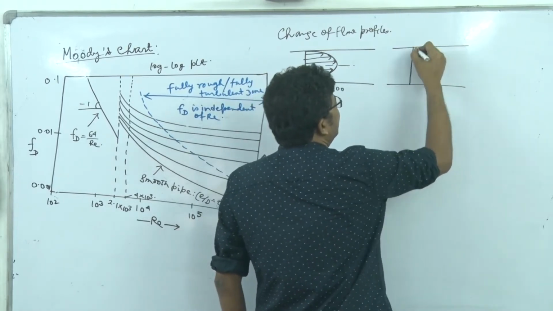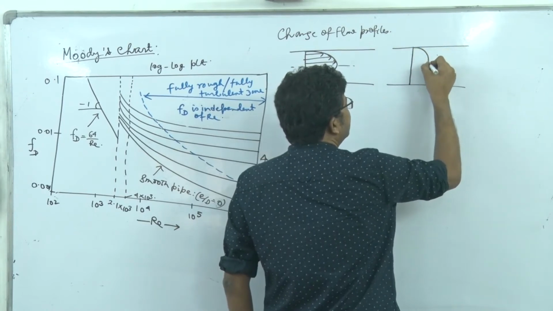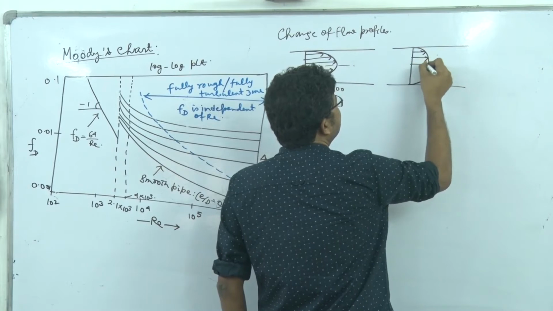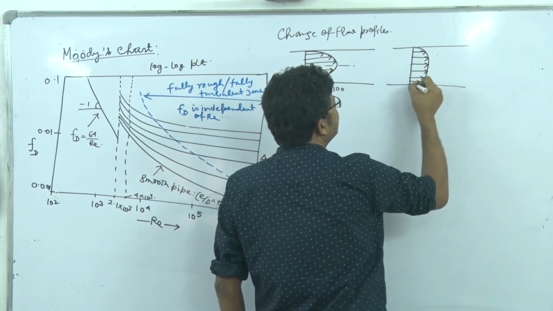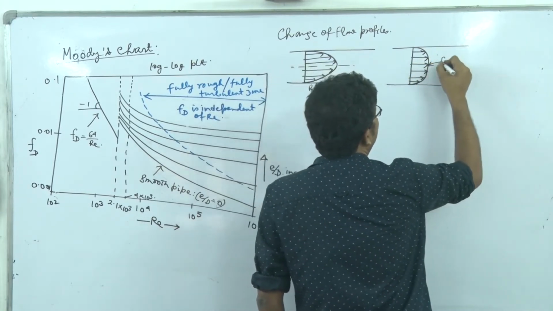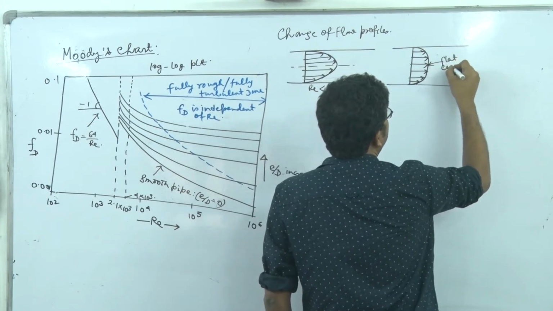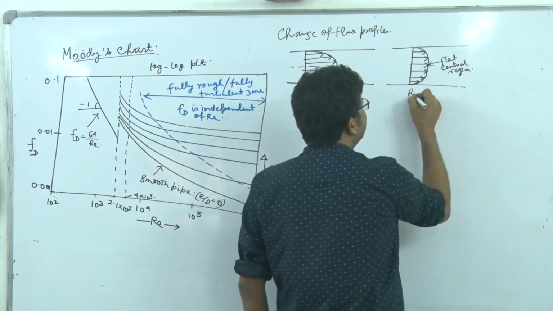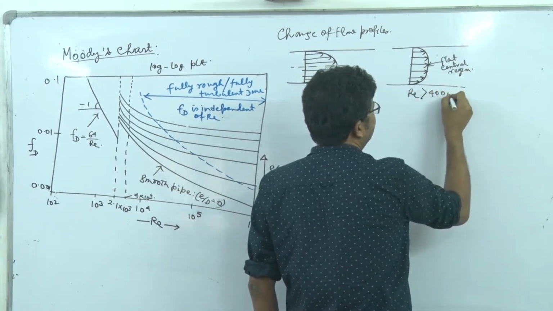In turbulent flow with low Reynolds number, the profile is like this, with a flat central region, for Re greater than 4000.